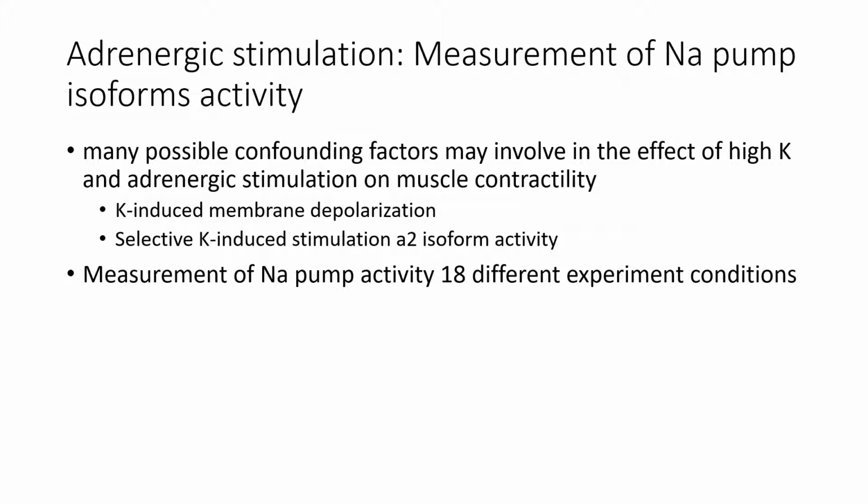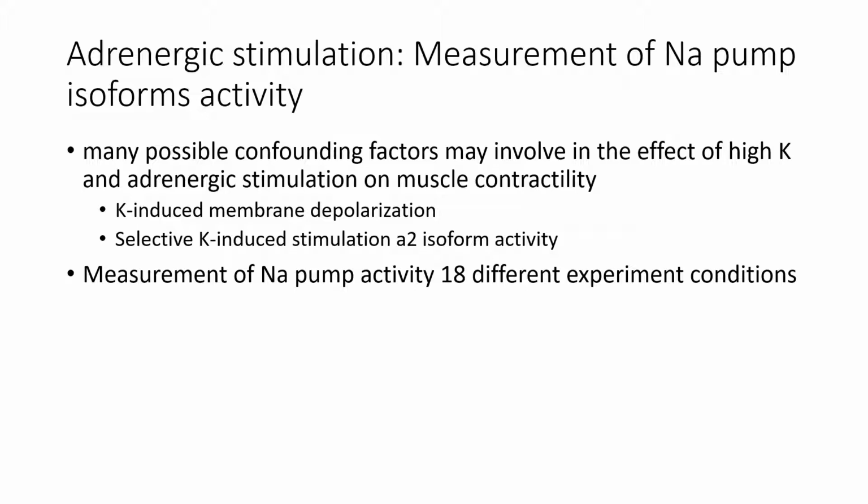For example, potassium-induced membrane depolarization may, or definitely will, affect contractility of muscle. Another confounding factor is that high potassium selectively increases or stimulates the alpha 2 isoform, as I mentioned before.